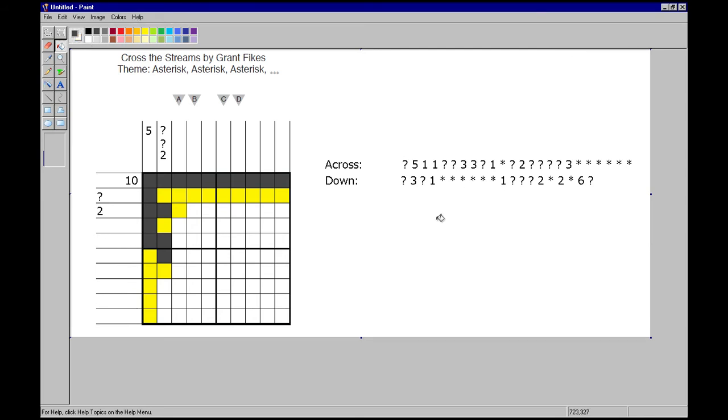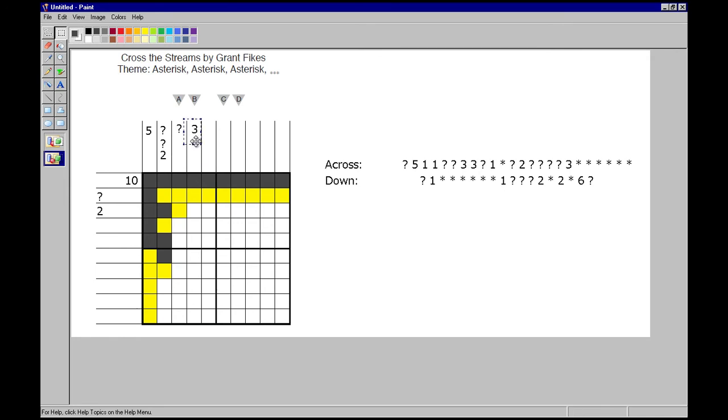So where shall I continue? We have a question mark 3 for our next clues in the down region. Again, we can't fit both of those here. And we can't just have a question mark, because then the 3 will be the first clue in this column. So, instead, the 3 is the second clue in this column.